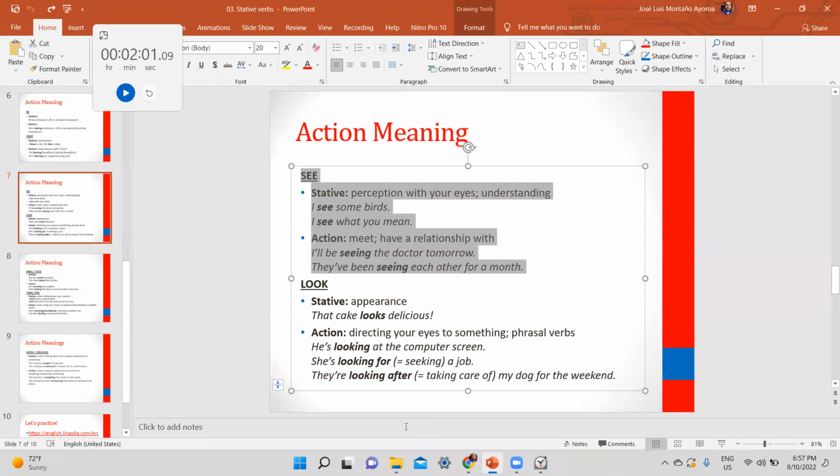Only for half clear. When I use the stative verbs, I should use the base verb.